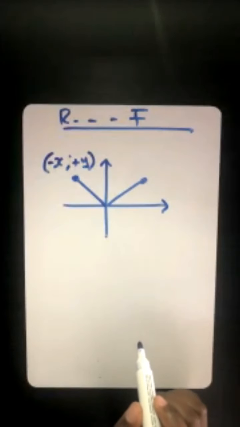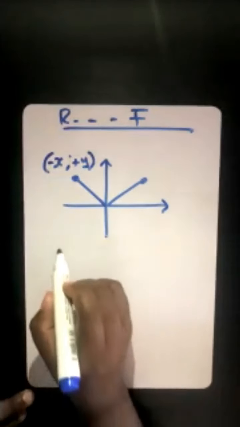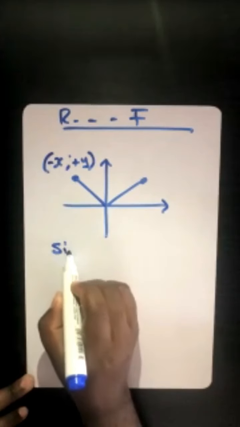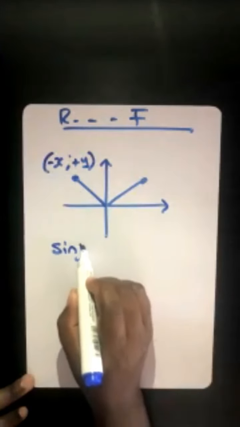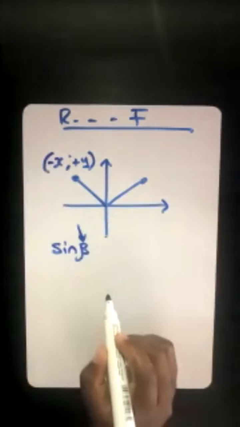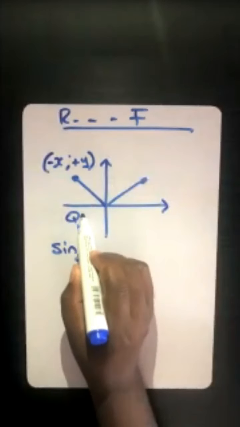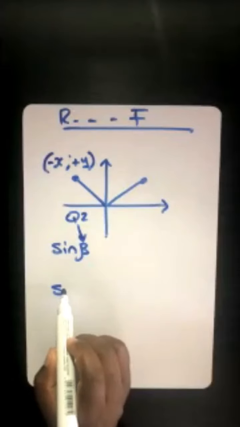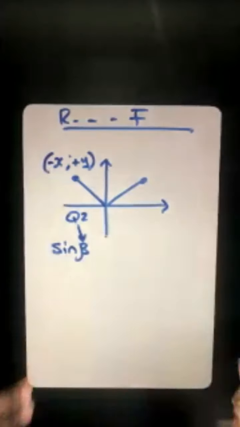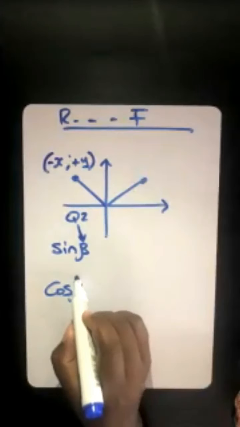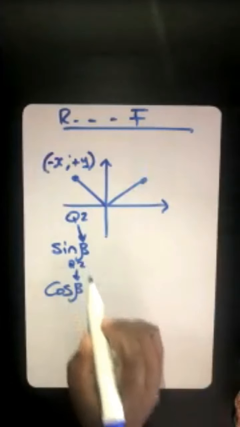So let's say, for example, we've got sin beta, and this angle falls in quadrant number 2. Let's say again we've got cos beta, and this angle also falls in quadrant number 2.